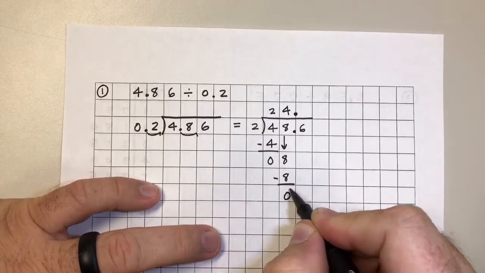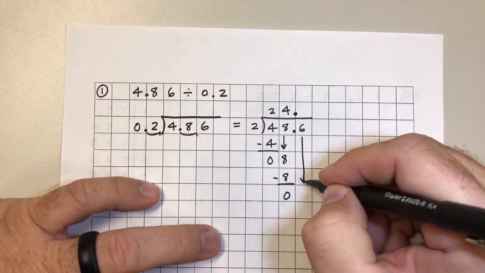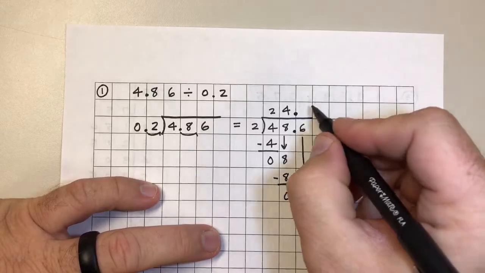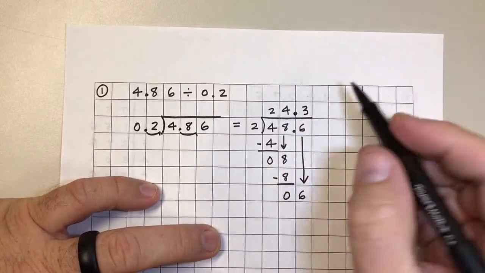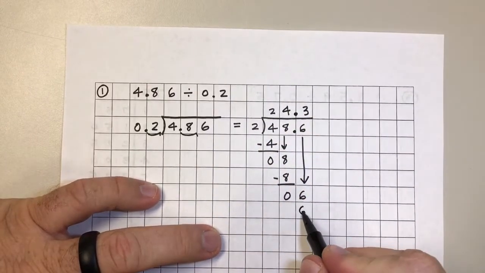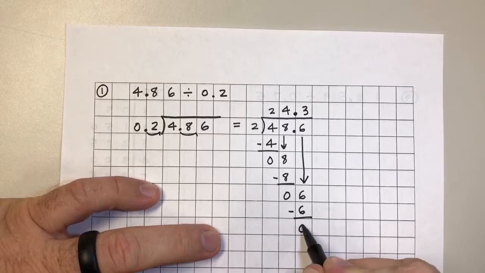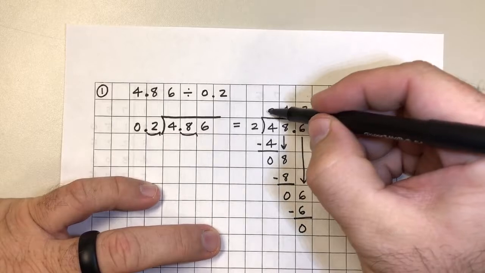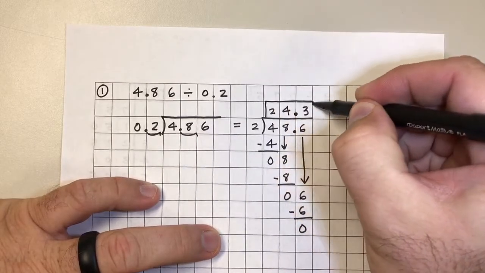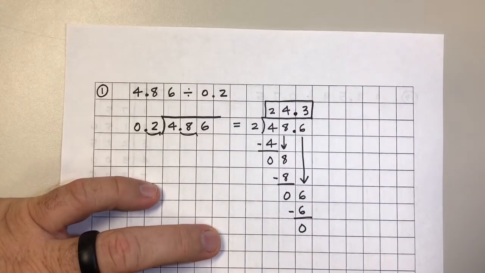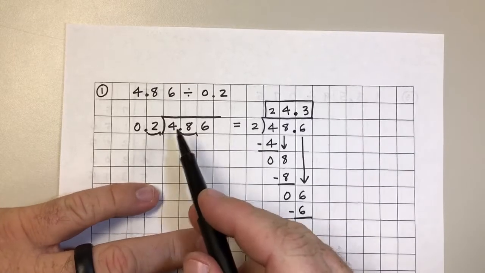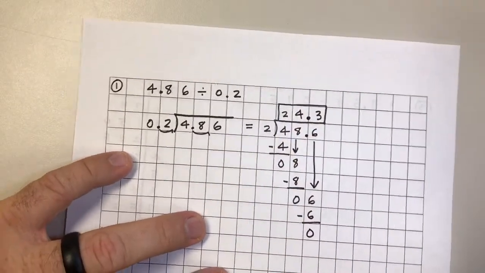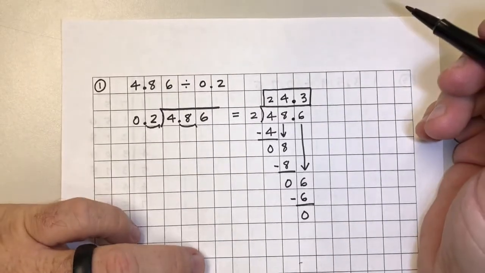We subtract and bring down. 2 goes into 6 3 times. 3 times 2 is 6. We get a remainder of 0, so we have a terminating decimal. 24 and 3/10 is our quotient. It's the same as if you were to solve the original problem, because they're equivalent division problems. So those are very friendly numbers.